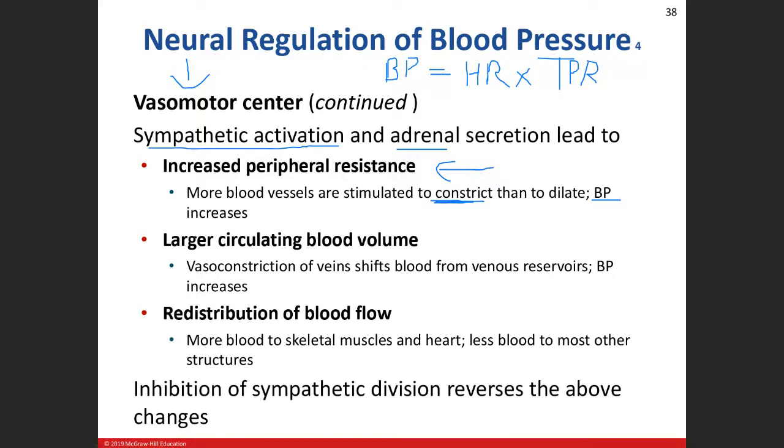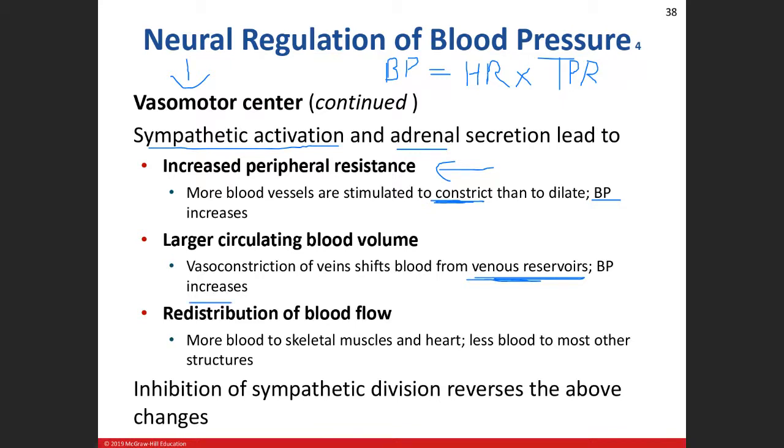When you start to exercise, remember the skeletal muscles will contract and relax, and they pump blood. They move the blood through your veins. So that's what's going to happen here. We now start to move the blood from our venous reservoirs, our veins, back into our general circulation. And that will increase our blood pressure here.